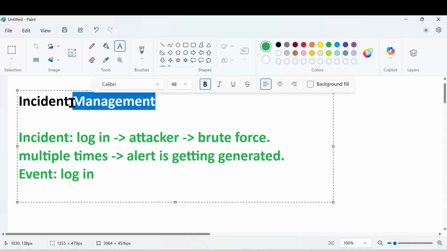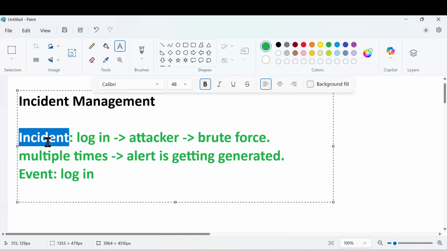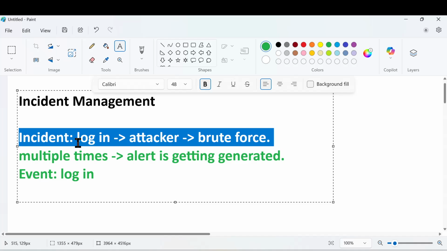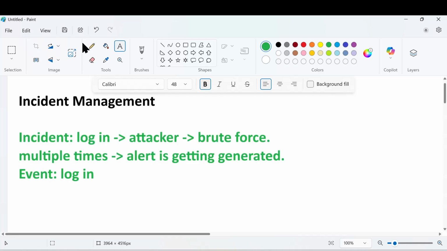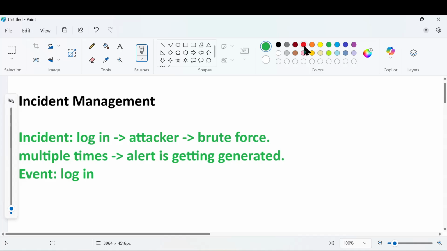So for that, in your organization, we have incident management. It is a structured process with the help of which we can quickly respond to and resolve all the incidents that are happening. The main goal in the organization is to restore our services as soon as possible.